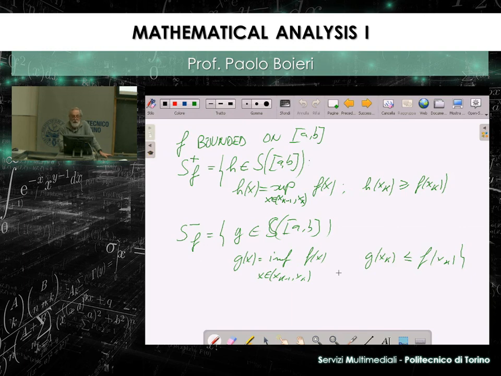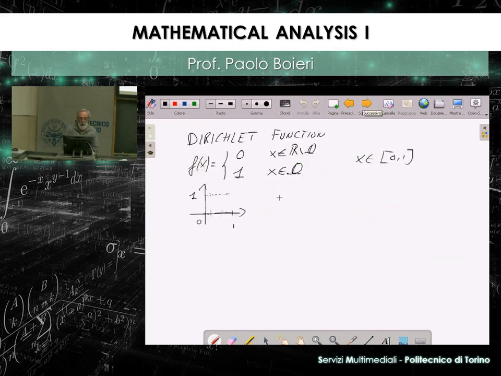Okay, what is the function that approximates by below? What is the rule? I have to look for a g belonging to S minus. I divide, suppose in this way.